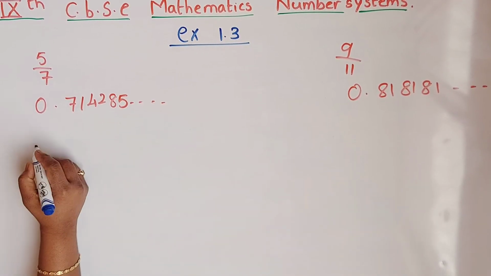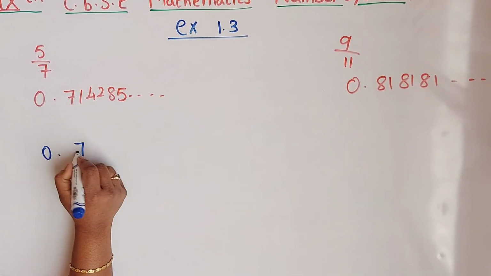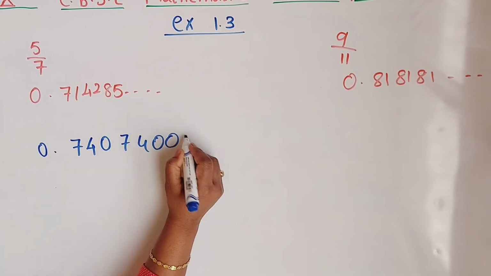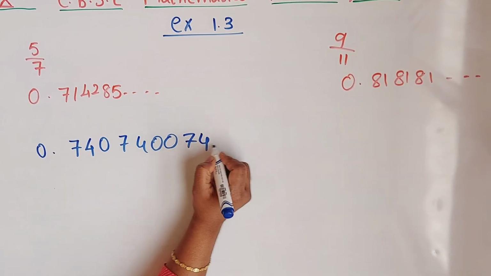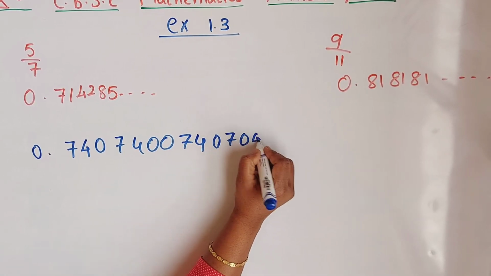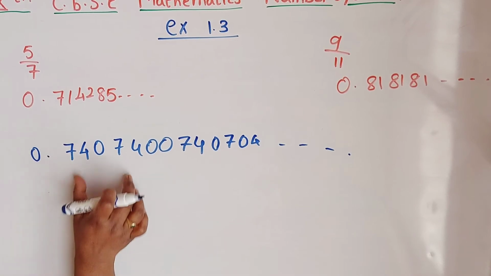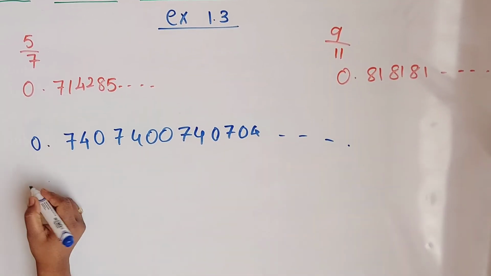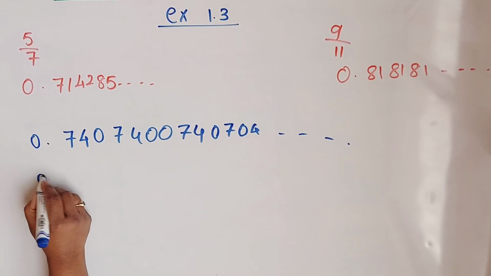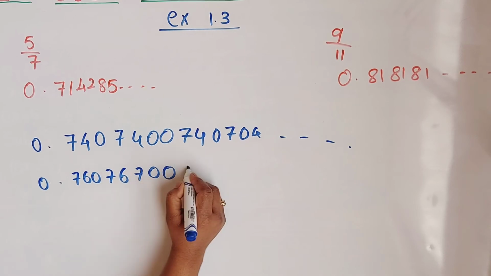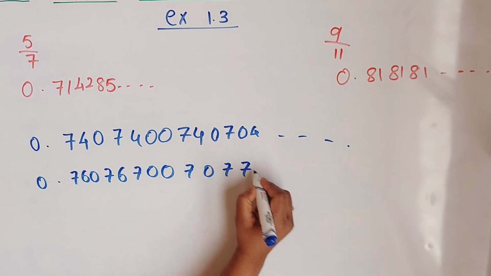Here I am taking 0.740, 7400 and 074 and 0704, so on. This is in between 0.71 and 0.81. One more number we can take: 0.760, 76700, 7067, so on.